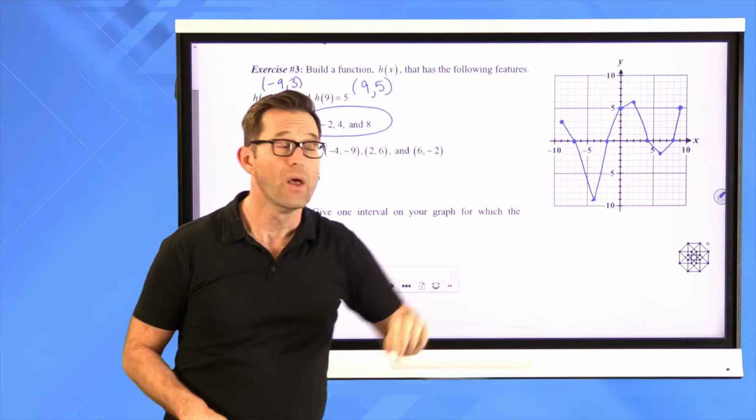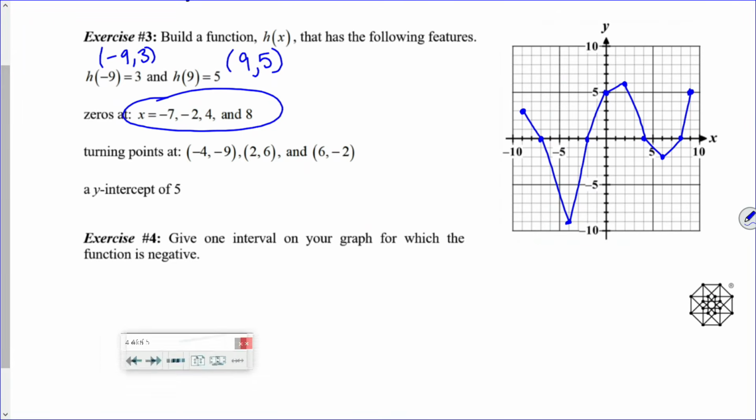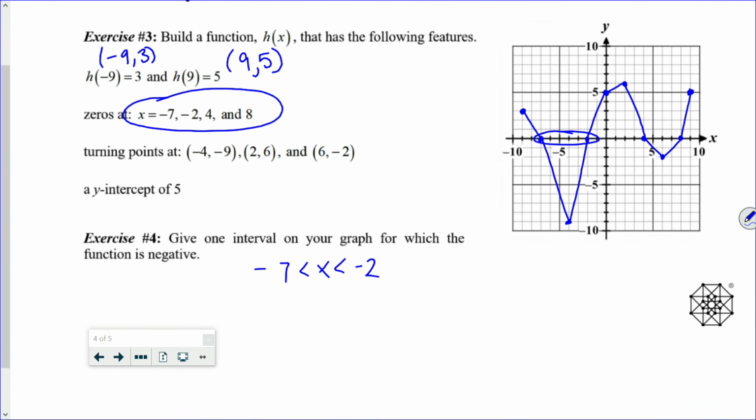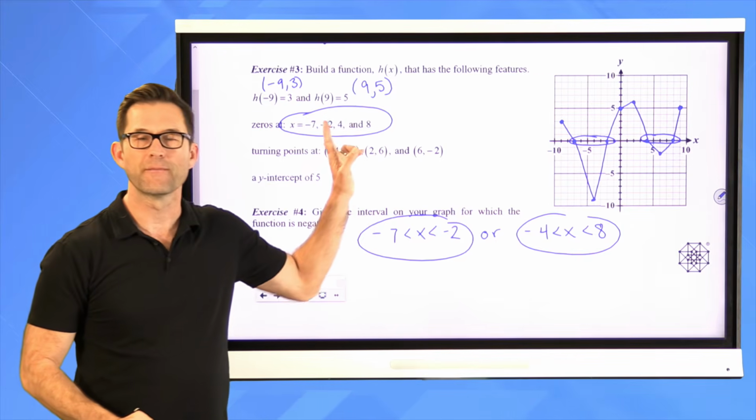So one interval where the function is negative goes from here to here, and that's from -7 less than x less than -2, or from here to here, which would be 4 less than x less than 8. Notice how those intervals are really all about where the zeros are.